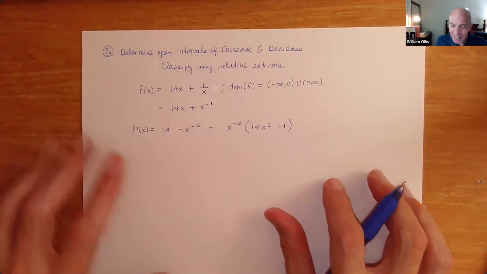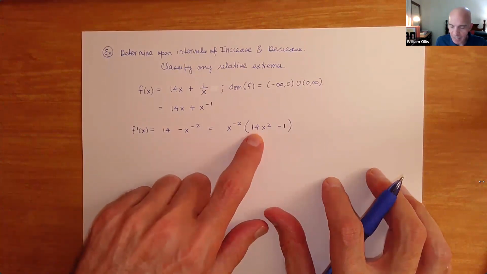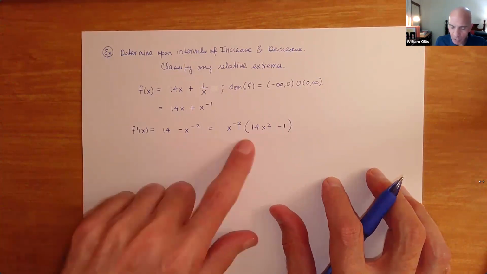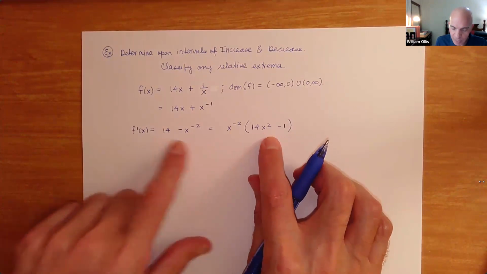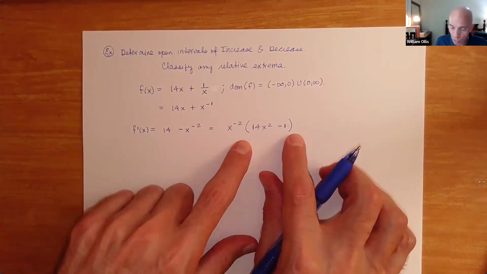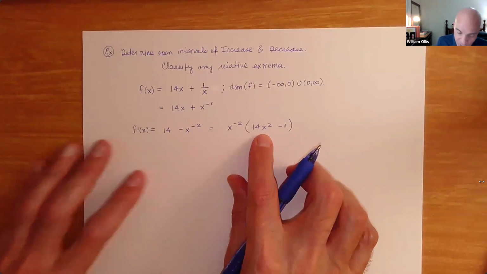Okay, so the idea is that we know that we're going to have x's that end up here. So we maybe don't want to factor the negative with the x to the -2. So now when we check this, we get the 14, and of course, we get the negative x to the -2. So check your work. And now of course, we can factor the 14.